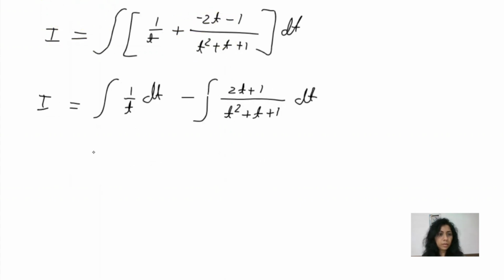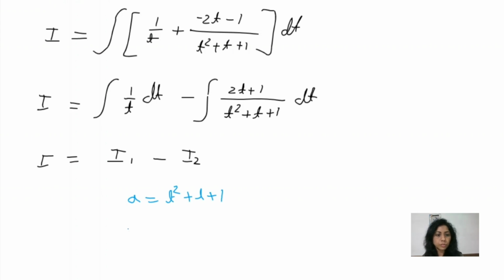So I is equal to integration of the first one, minus integration of the second. Now we solve this second integration, because the first is very simple and easily integrated. Here we have to use the substitution method. Let A be equal to t square plus t plus 1.